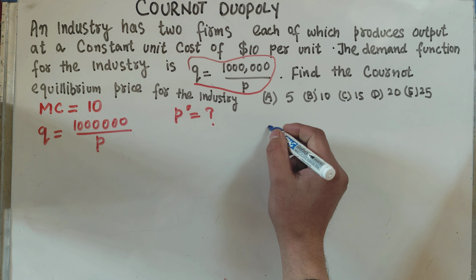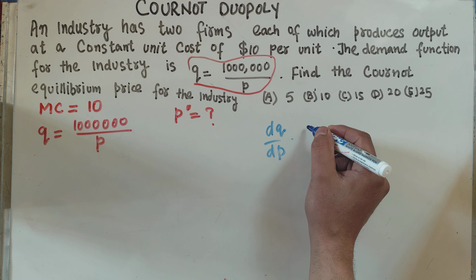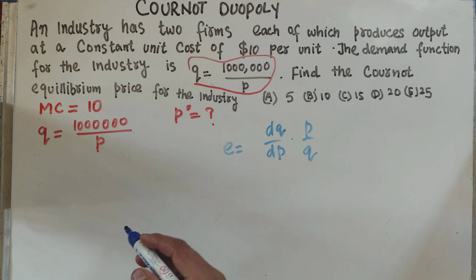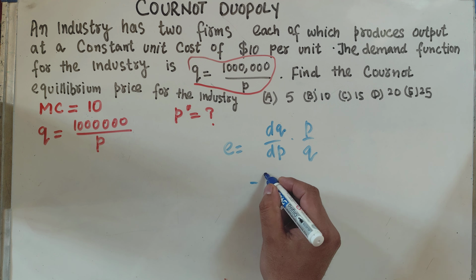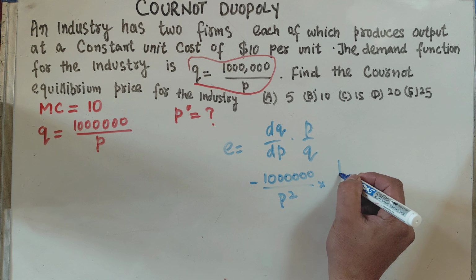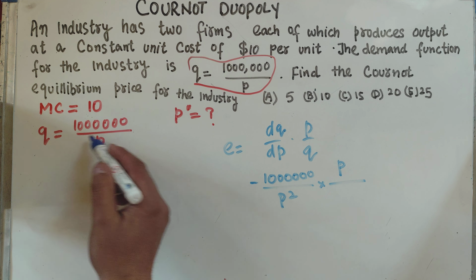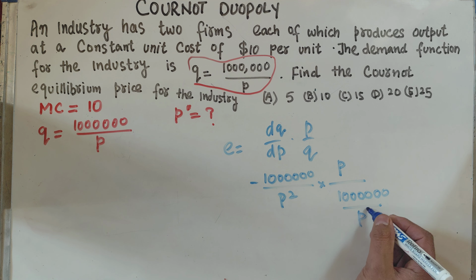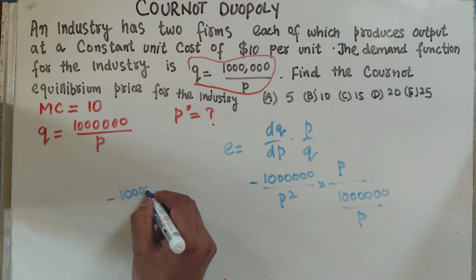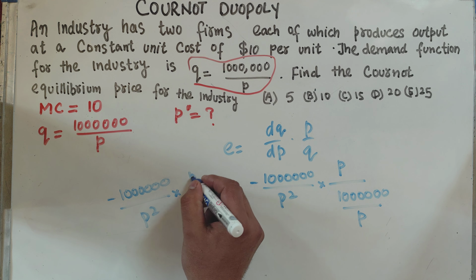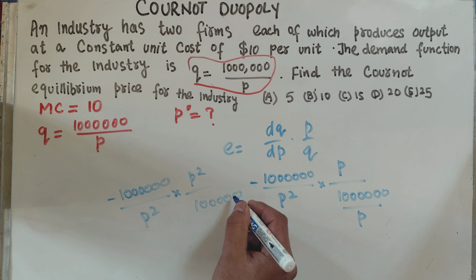Price elasticity of demand is dQ upon dP times P upon Q. dQ upon dP means the derivative of this demand function with respect to P, which will be equal to minus 1 million divided by P square, times P divided by Q. Q is again 1 million divided by P. Transposing it, it becomes P square divided by P square.